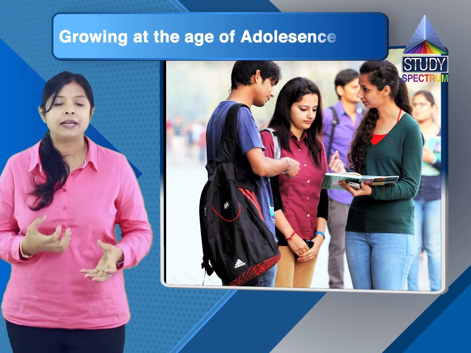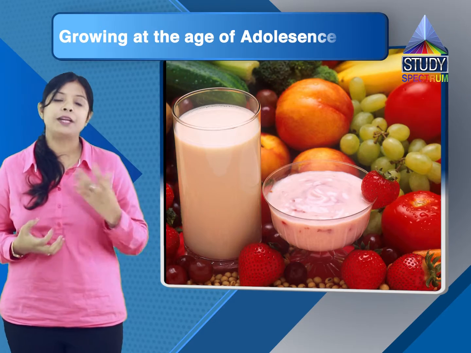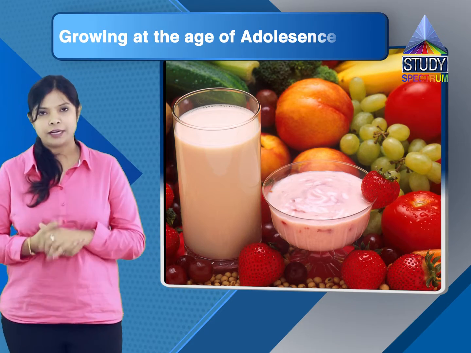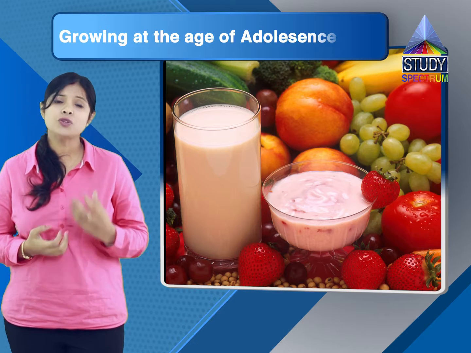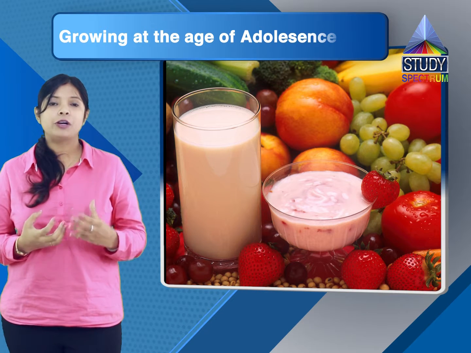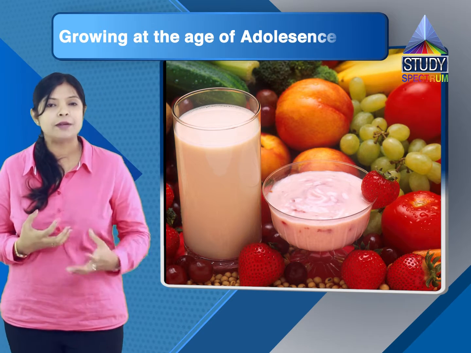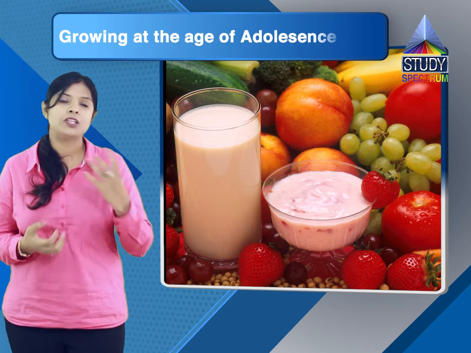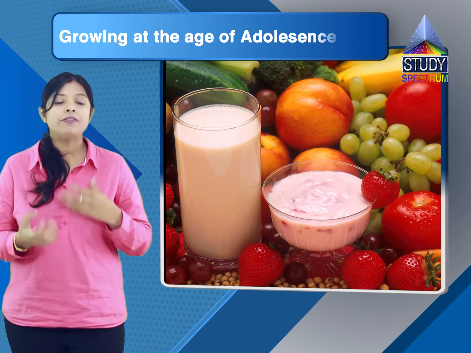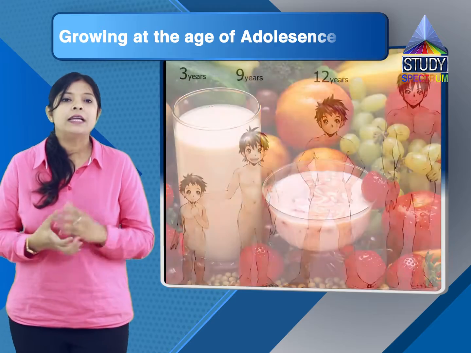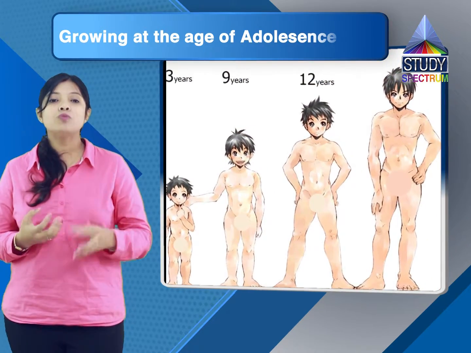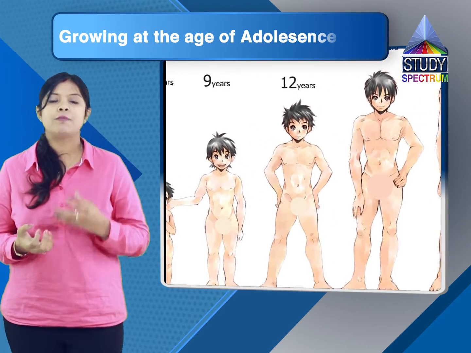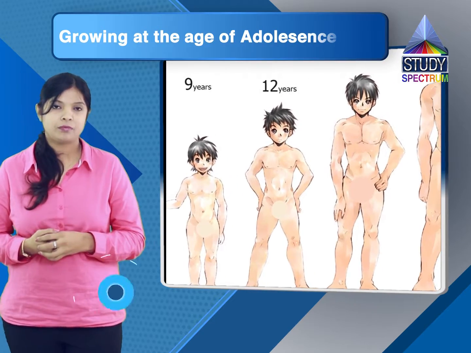So because of that, good nutrition is very important for adolescents. Good nutrition is important at every age of life, but during adolescence it becomes more essential because the body is growing.